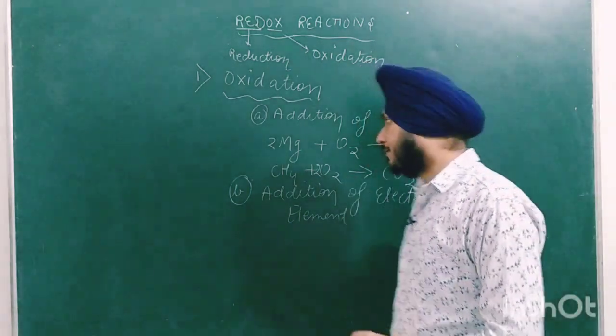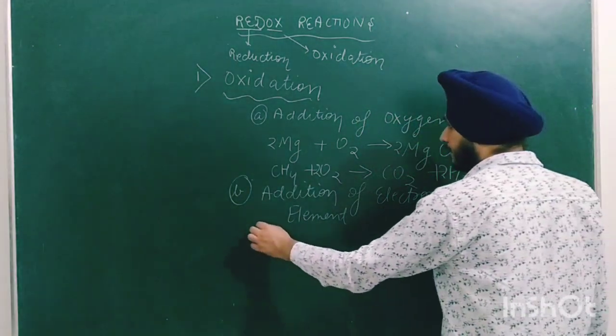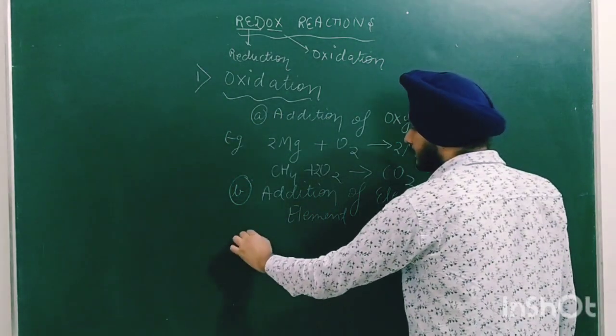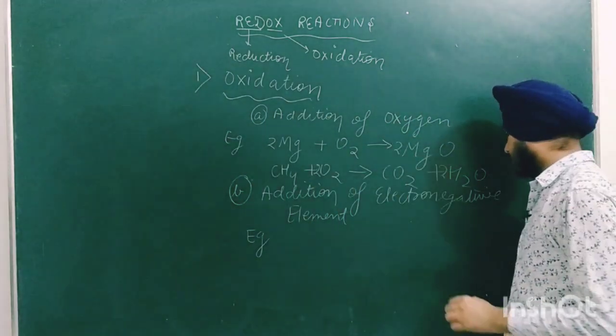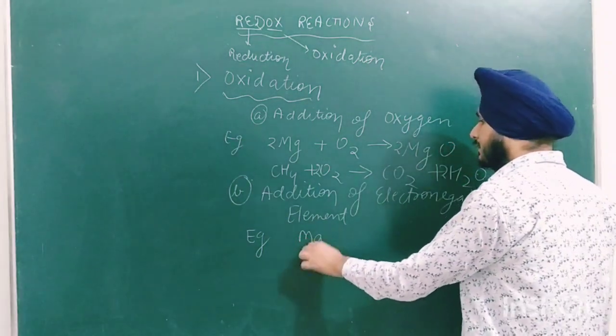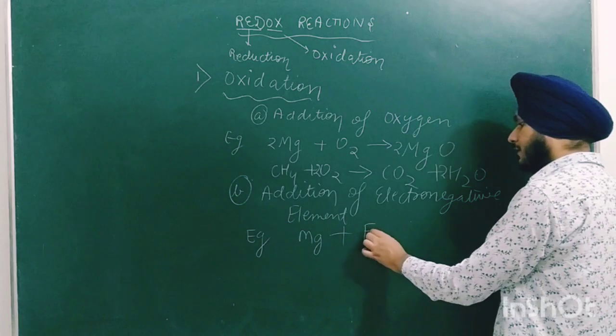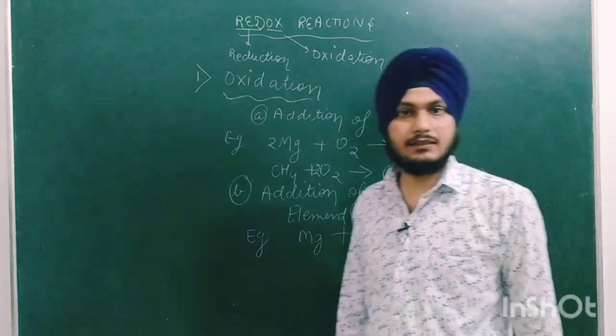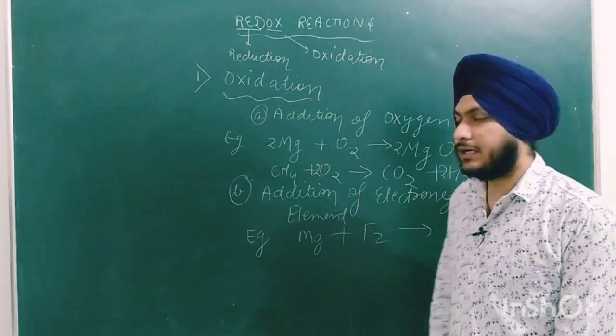So these are the two examples of addition of oxygen. Second, addition of electronegative element. For example, Mg plus F2. Now, fluorine is the most electronegative element in the periodic table.